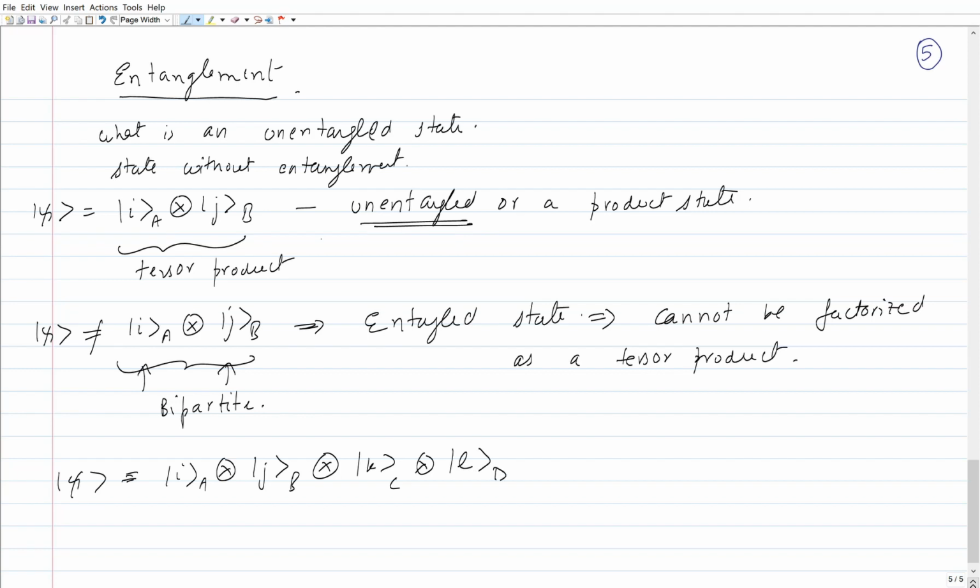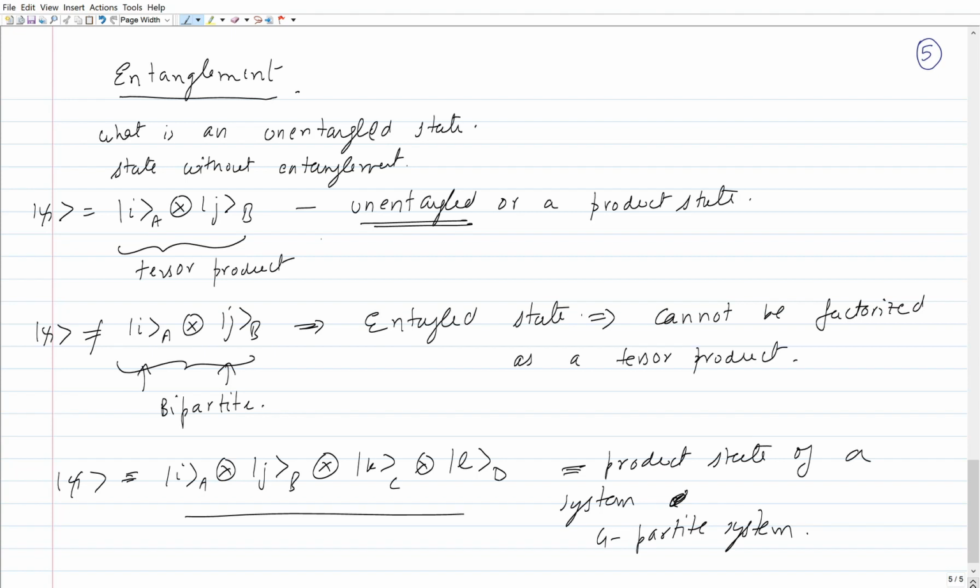So this is a composite system of 4 parties, and what I've written is a product state of a system, let me call it a 4-partite system. And for a 4-partite system, any state that cannot be expressed as a product is going to be an entangled state.